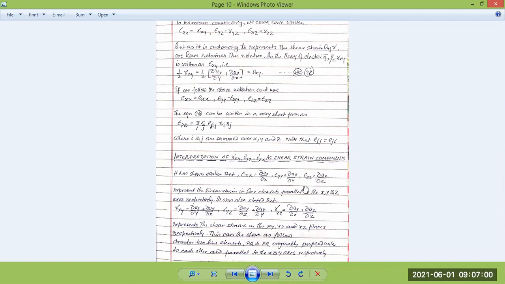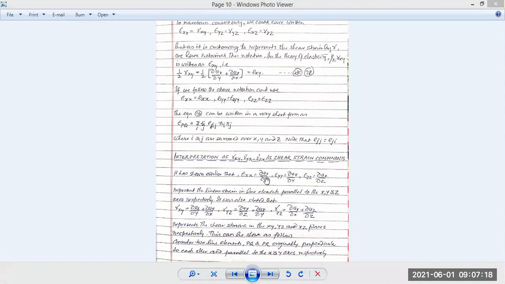And epsilon zz is the strain along the z-axis, normal to the z plane, which is nothing but the tensile or compressive strain along the z-axis, delta uz by delta z.